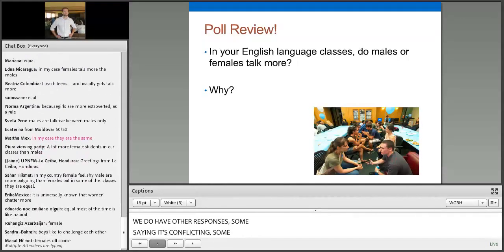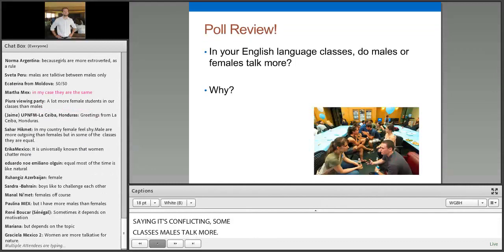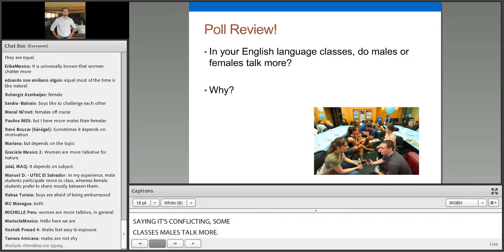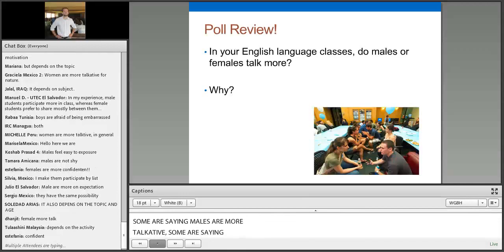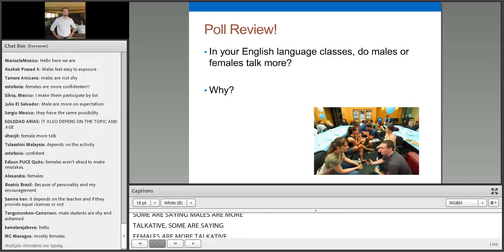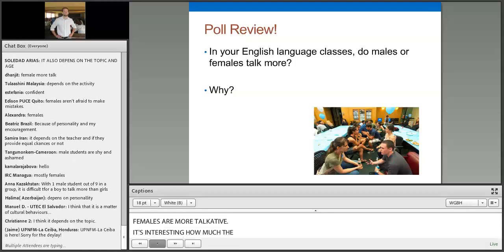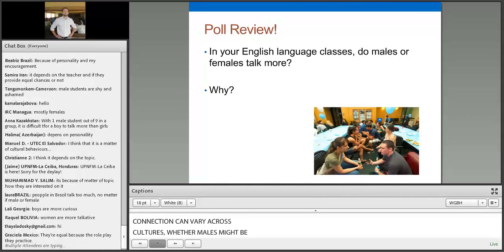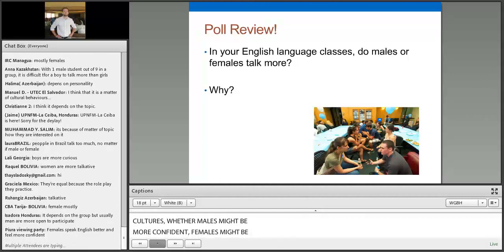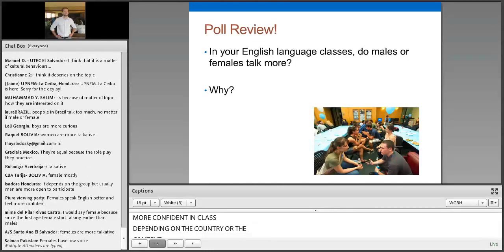Some are saying males are more talkative, some are saying females are more talkative. And I think what's interesting looking at the comments is how much this can probably vary across cultures too, whether males might be more confident in class or females might be more confident in class, depending on the country and the context. So it's really encouraging to see such a variety in responses.